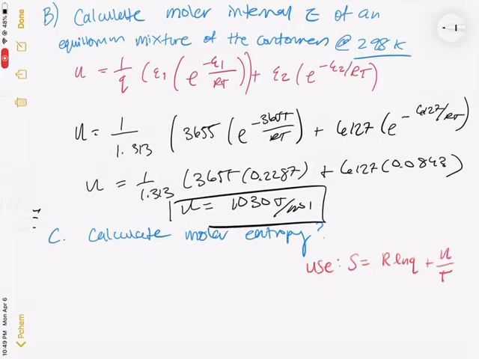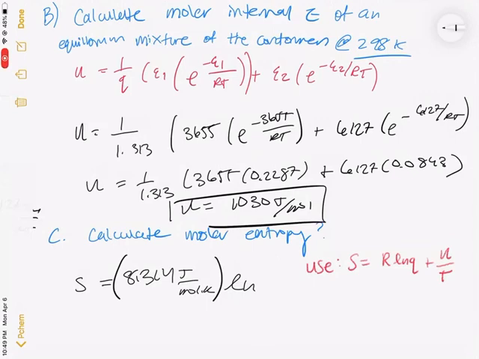To calculate the molar entropy, use this equation given in red. The entropy is equal to S equals R, which is 8.314 joules per mole Kelvin. Always write out units to see them cancel.